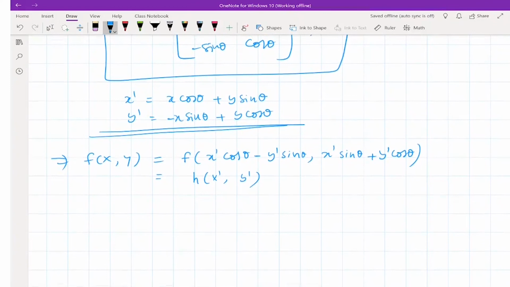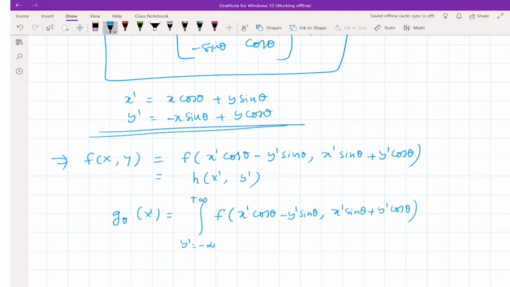G theta of x dash is equal to the integral, varying y dash from minus infinity to plus infinity, of h of x dash, y dash, which I write as f of x dash cos theta minus y dash sin theta, comma, x dash sin theta plus y dash cos theta, with the integration with respect to dy dash.